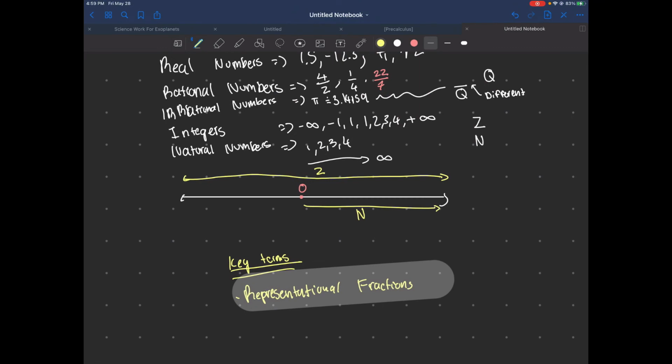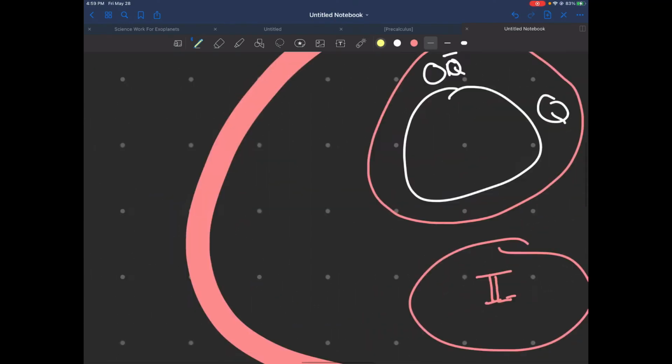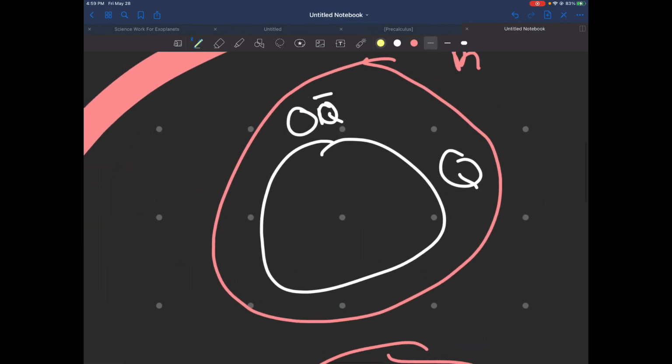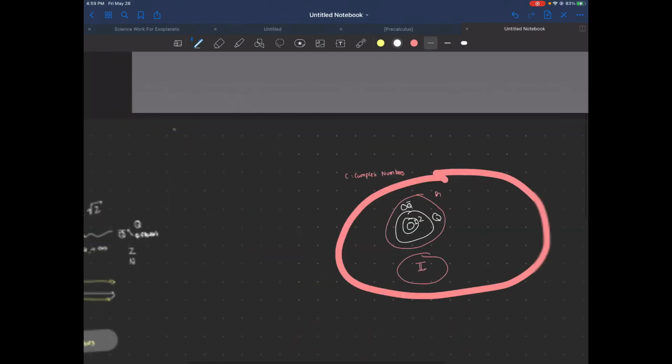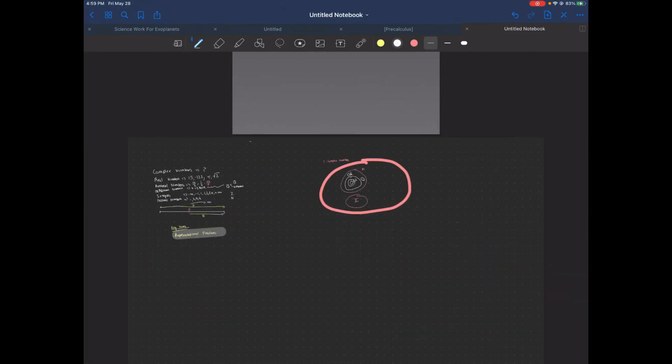That is still a subgroup in integers, because all of the numbers in natural numbers are also in the set of integers. So we're going to create a Z blob, and then we're going to create an N blob. Now we're done talking about sets.